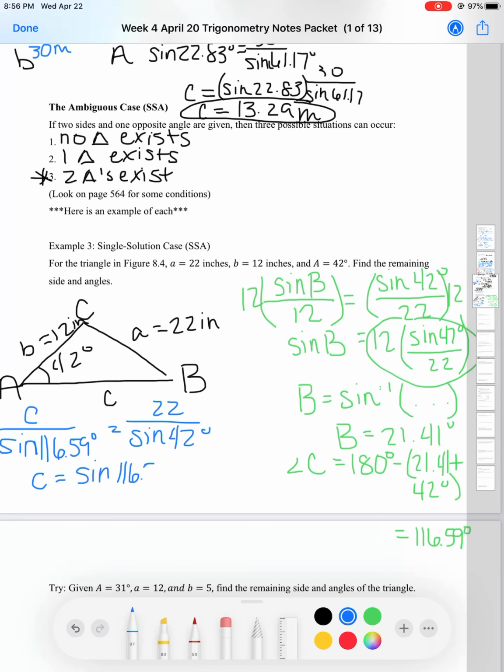So C is equal to sine 116.59 times 22 over sine 42 degrees. Again, I enter the fraction first, hit enter, then enter this on my calculator, and we get that side C is 29.40 inches.